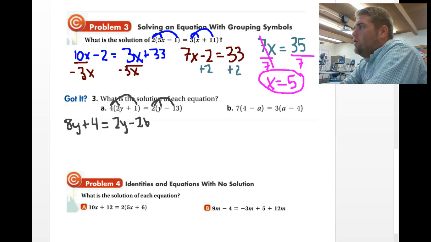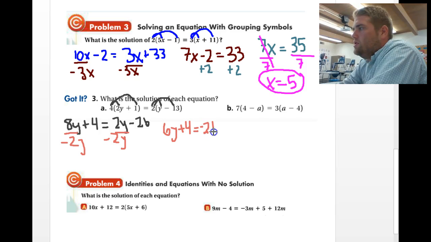So I want to get my y's on the same side, so we subtract 2y minus 2y, so I get 6y plus 4 equals negative 26.